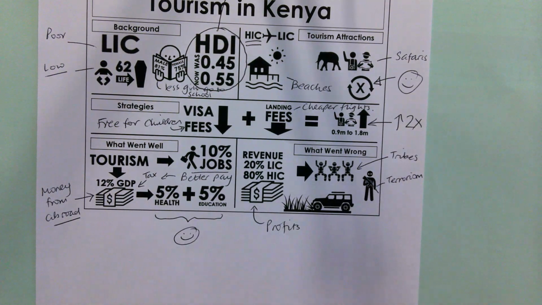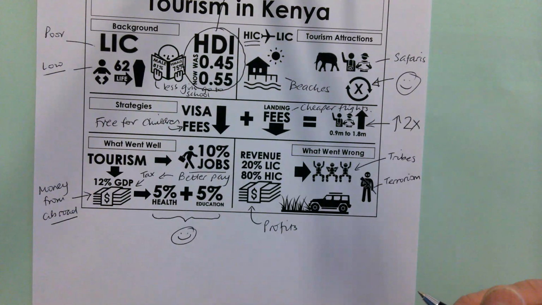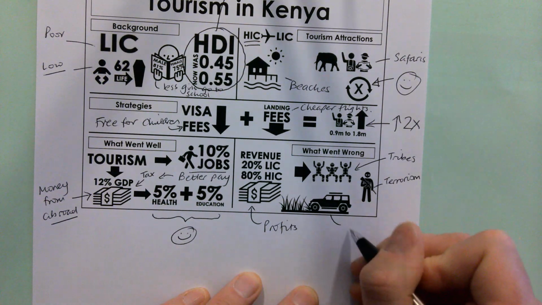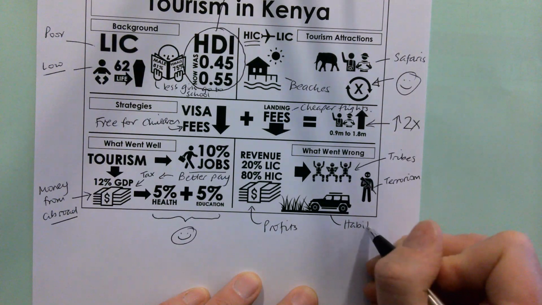We've also got terrorism. And terrorism is an issue because Kenya is next to the country of Somalia, and in Somalia there's a civil war going on, so a lot of the terrorists are linked to that, and they will come over into Kenya and they will see tourists as an opportunity to make money. And then finally, the safari vehicles are damaging the habitats.